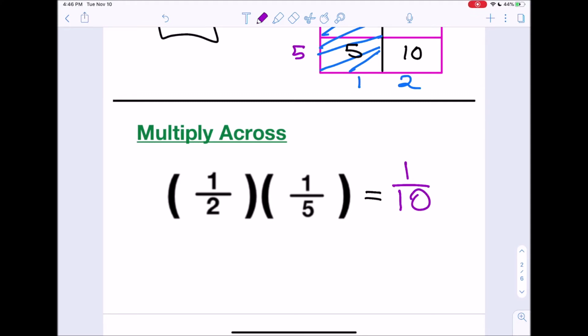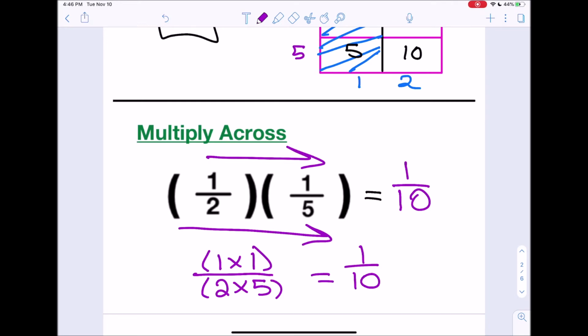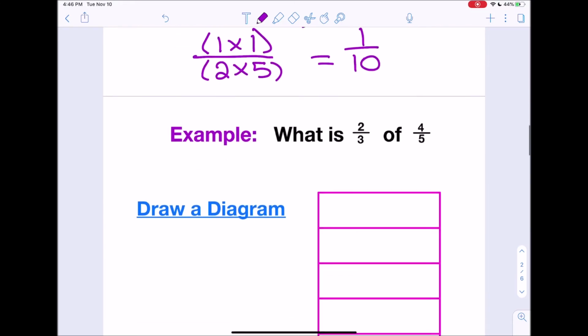So when we say multiply across, we literally mean multiply across. Multiply the numbers next to each other. So you're going to end up with 1 times 1 over 2 times 5, and you get 1/10. Super simple. All right, let's try another one.